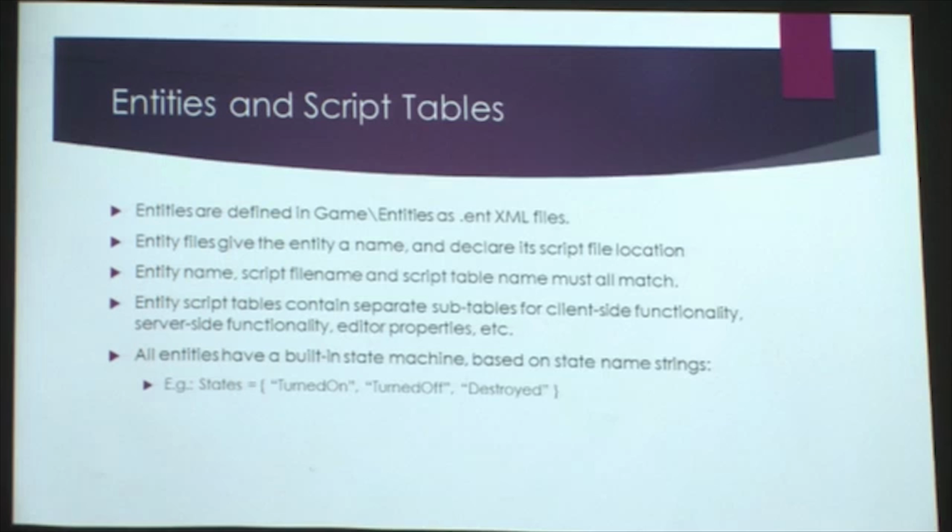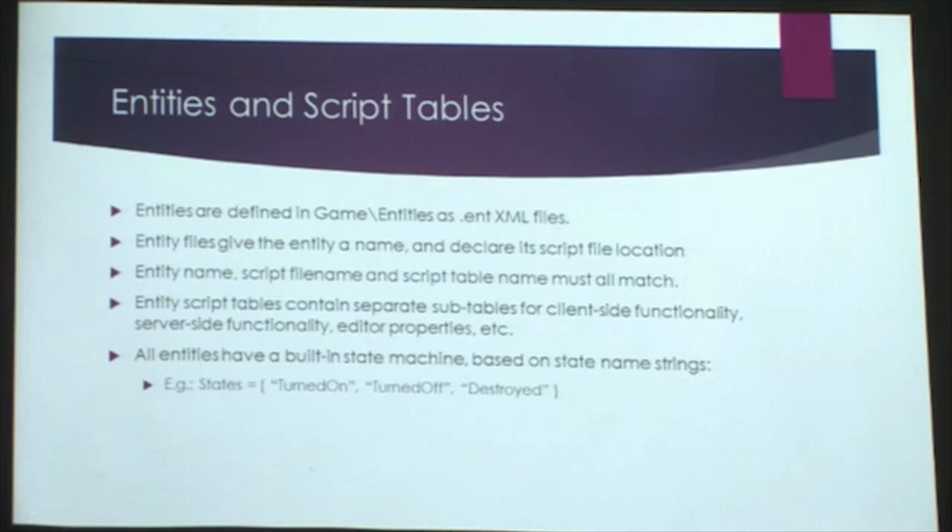All entities in CryEngine are defined with 2 files. The first file is just an XML file with the .ent file extension, and all you have to do for that is specify a name and the location of the Lua script. The second file is the Lua script.